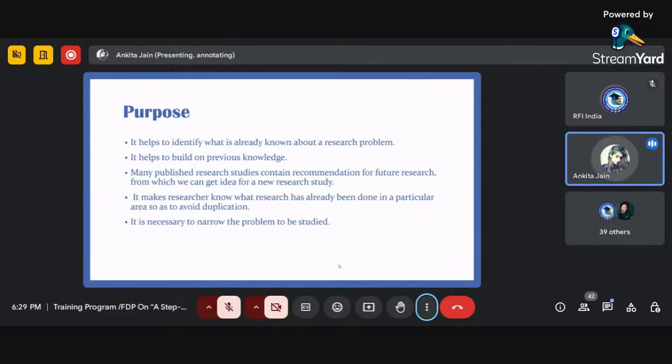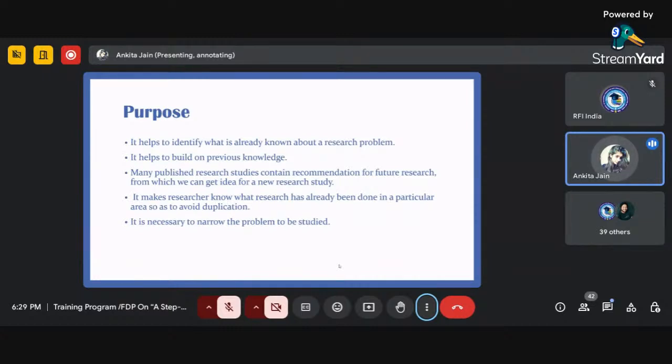Similarly, you should study more and more, which will give you more knowledge about the studies which are done, and it will give you a deep idea about your research study also. You will have the clarification, you will get a new view about your study. So that again is important to understand.